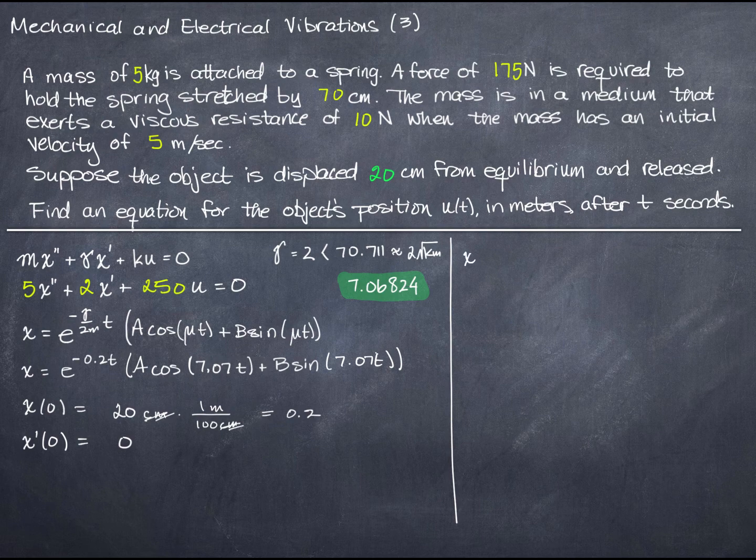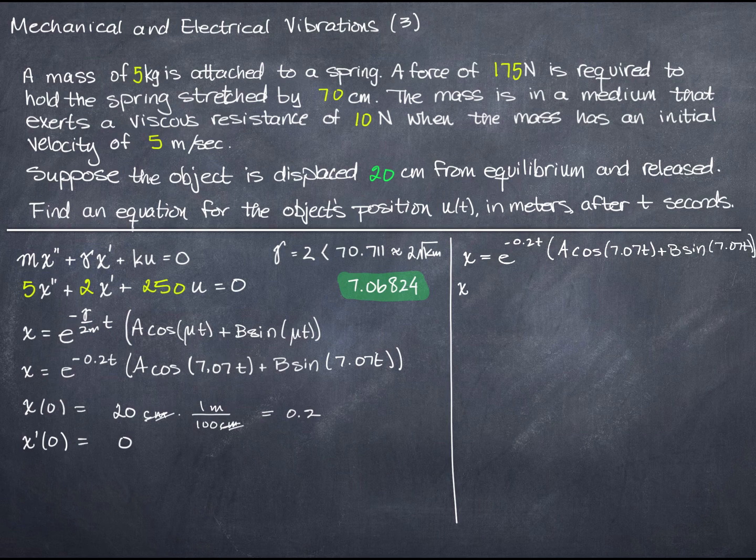Okay, so we have x is equal to a product, e to the negative 0.2t times a times the cosine of 7.07t plus b times the sine of 7.07t.